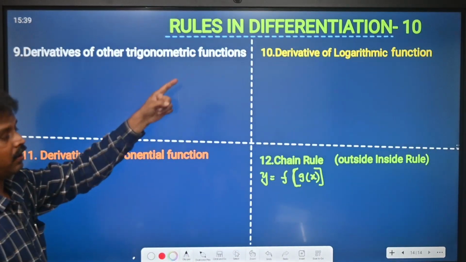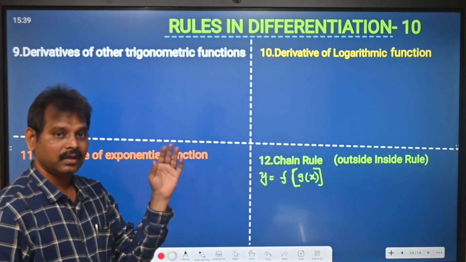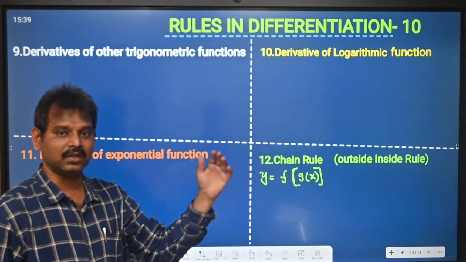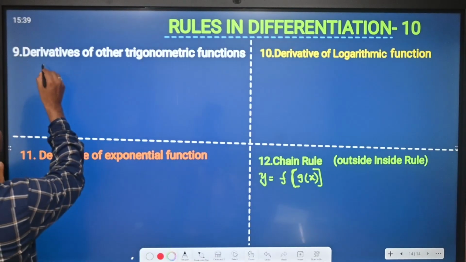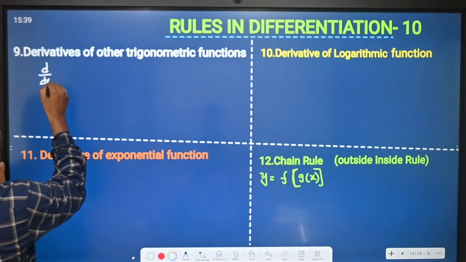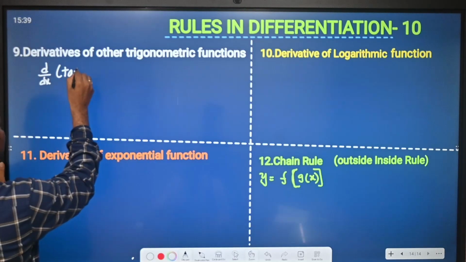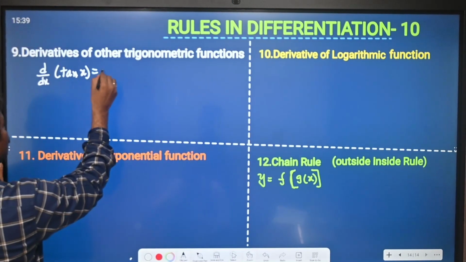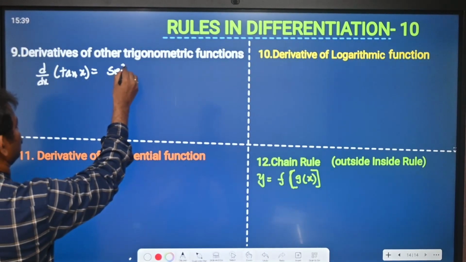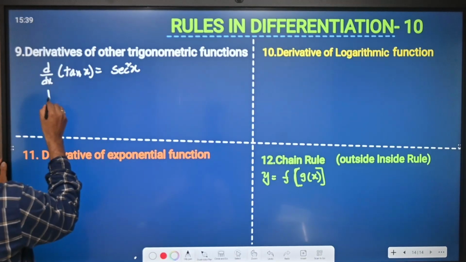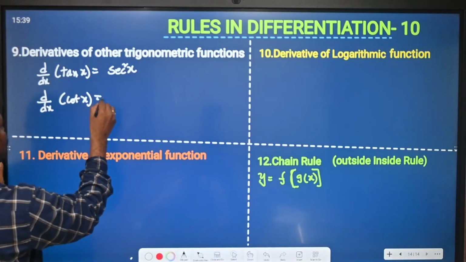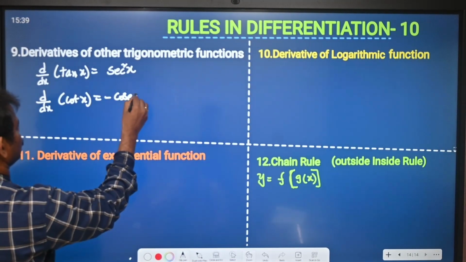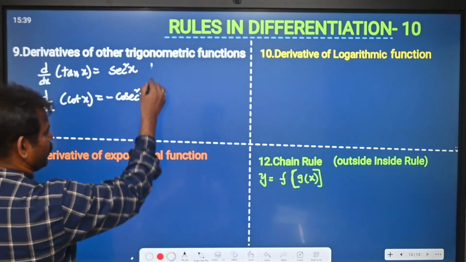Derivative of other trigonometric functions. Already, derivative of sin x is cos x, derivative of cos x is minus sin x. The other functions: d by dx of tan x is equal to secant square x, d by dx of cot x is equal to minus cosecant square x.